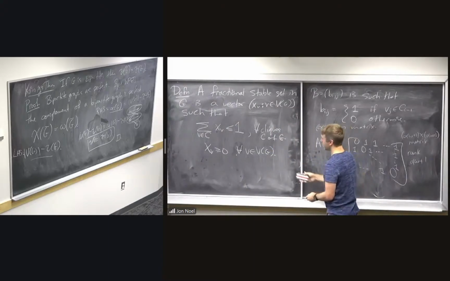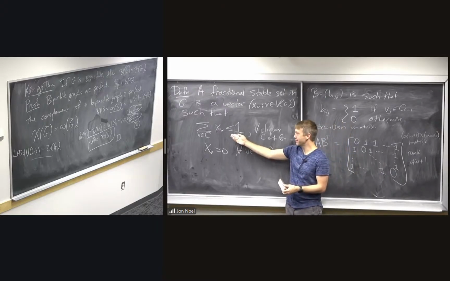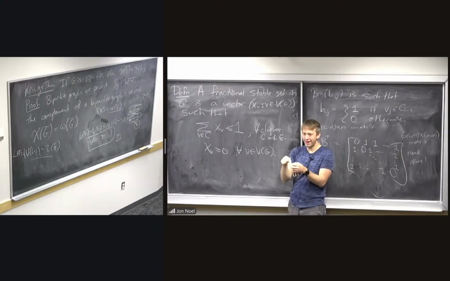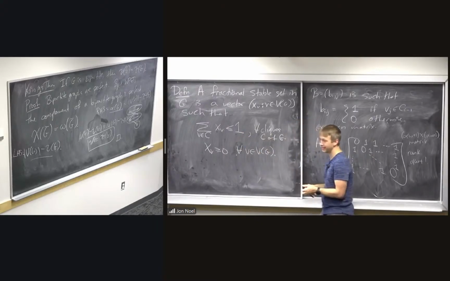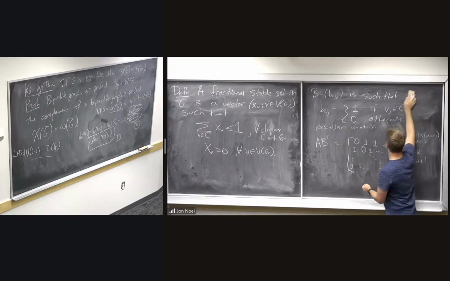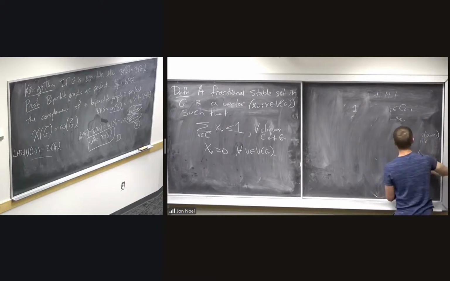So it's clear that if I took the indicator vector of a stable set, it would have to satisfy this, right? Because, like we said, you can't have a clique and a stable set sharing 2 vertices. So this would have to be at most 1, and it's at least 0. Okay, I think I can write this in 1 minute.